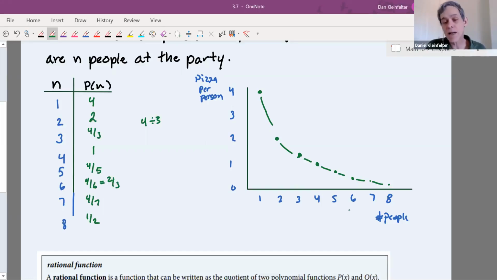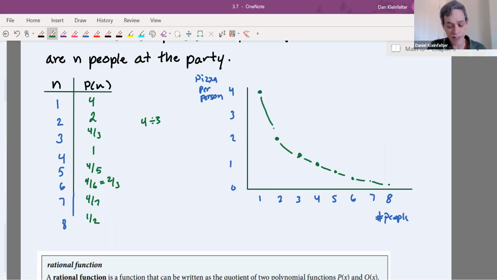What's interesting about this situation is that it's not straight. Our graph isn't like a straight line. We have a lot of experience with straight lines, but this one is not going to be a straight line. The curve is also not like a parabola or a square root function. This one is a rational function, as it turns out. And that's the kind of function that we're studying in this section.